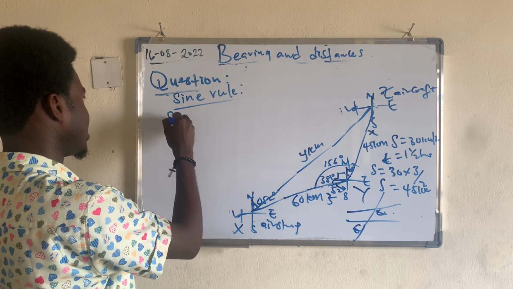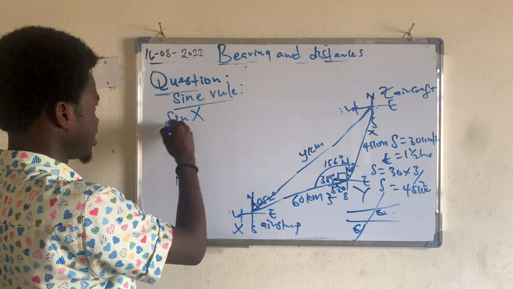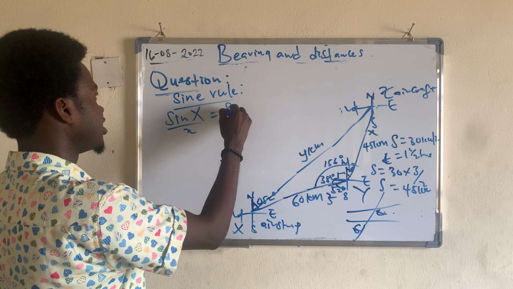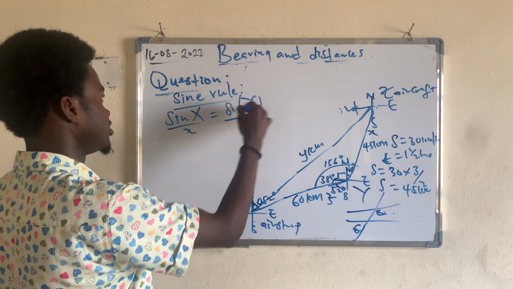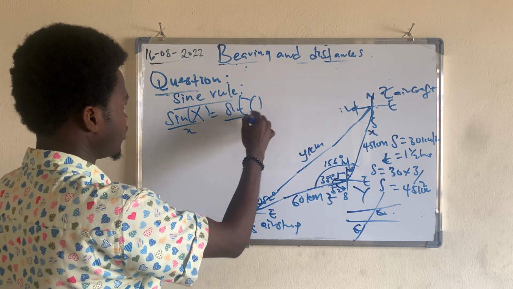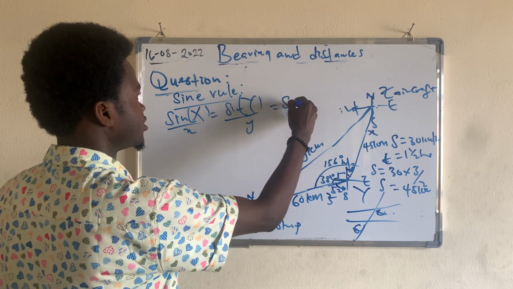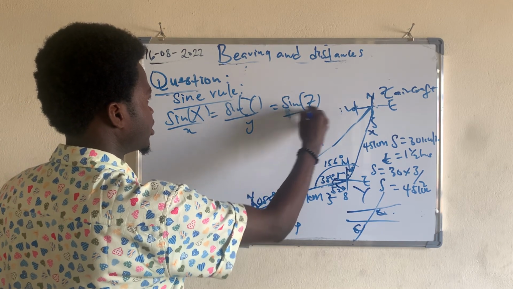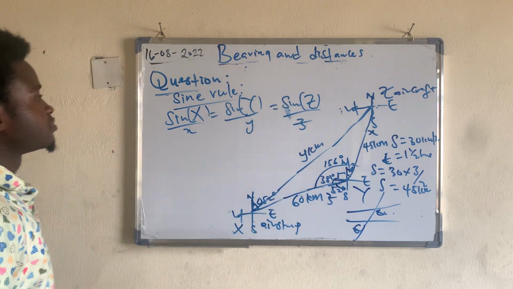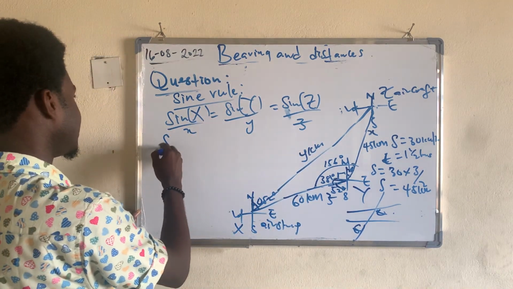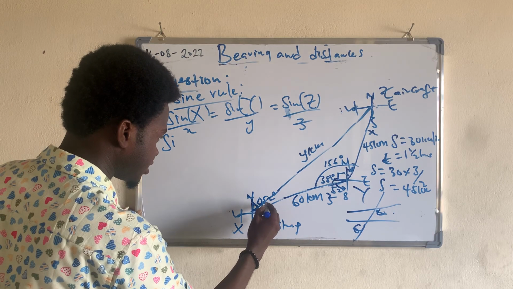And it states that sine of a capital X over small x equals sine y over small y, and sine z over small z. X is same thing as theta. We want to find this angle here, theta.